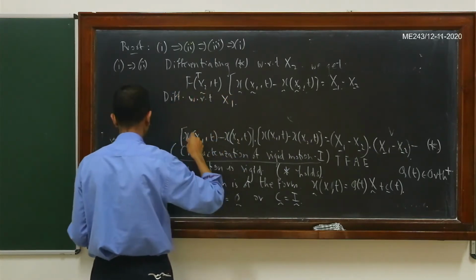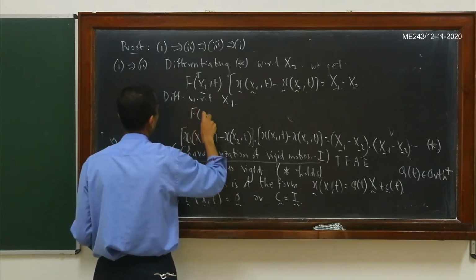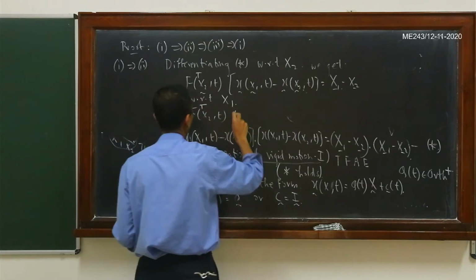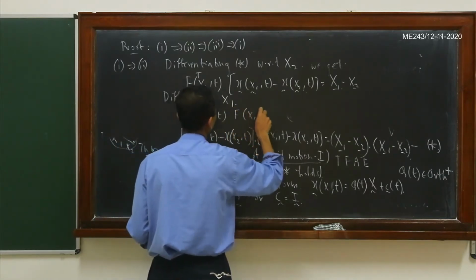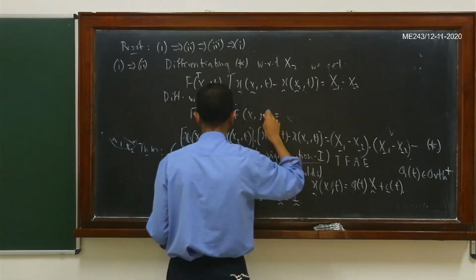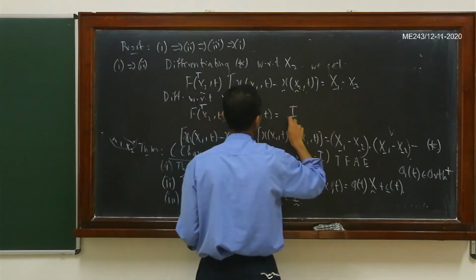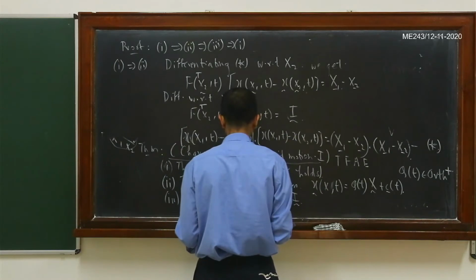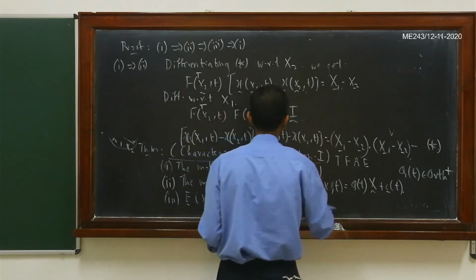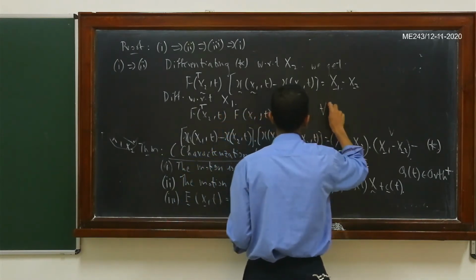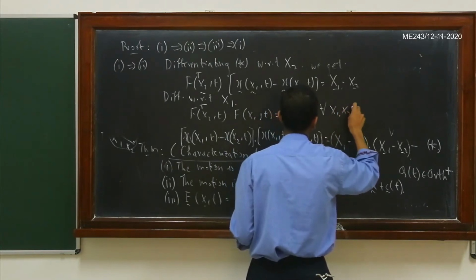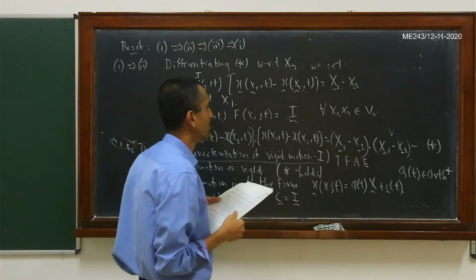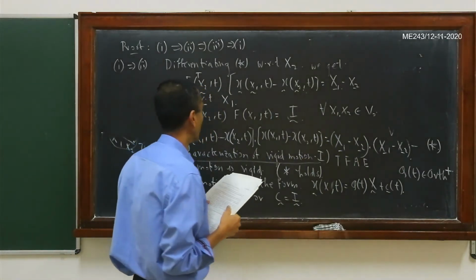Then what we get is that F of x2 comma t transpose times F of x1 comma t is equal to identity, because once you differentiate this with respect to x1, you get the identity tensor here. Now this is valid for all x1, x2 belonging to V0, where V0 is the material volume in the undeformed configuration.